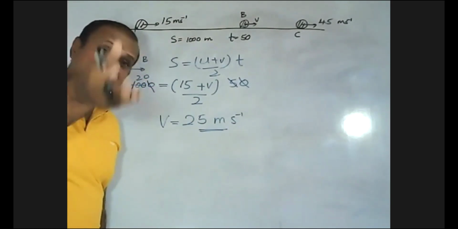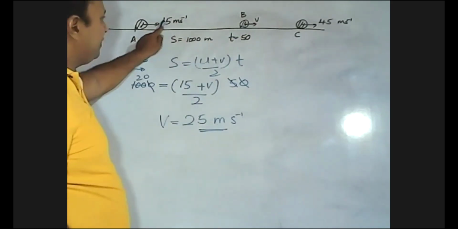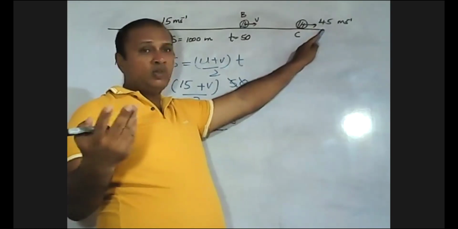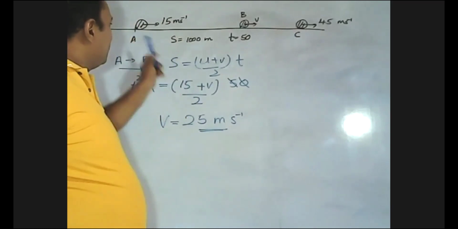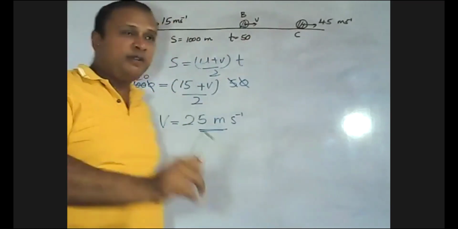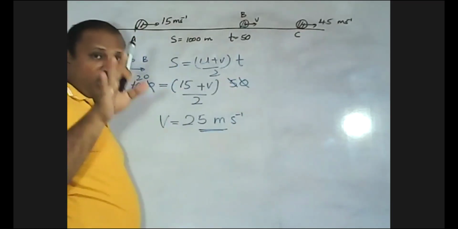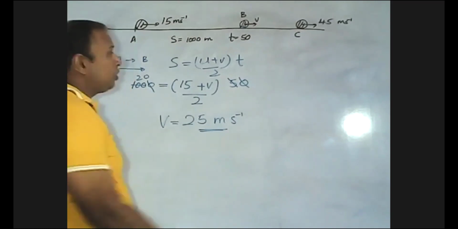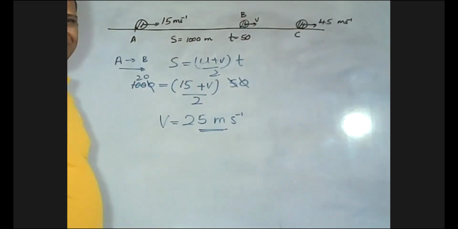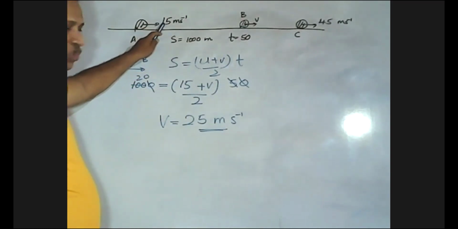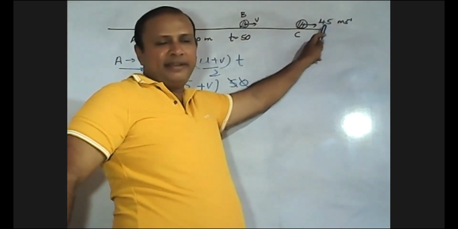Then you can find the acceleration. To find the distance, you know the initial velocity and the final velocity. Those are the two things you know from A to C. You have to find the displacement from A to C. You know only the initial velocity and the final velocity, nothing other than that.